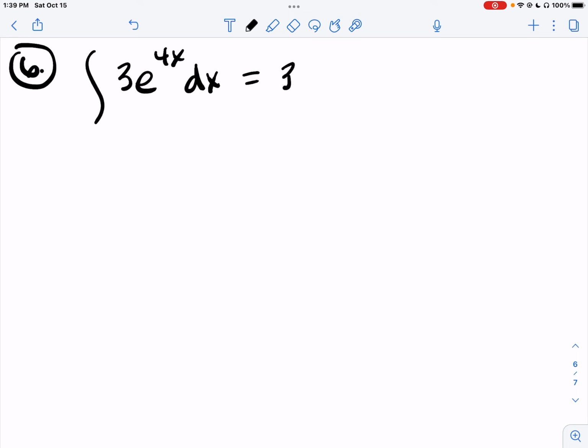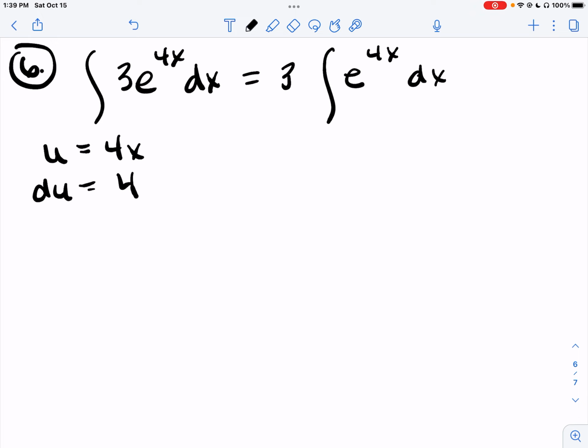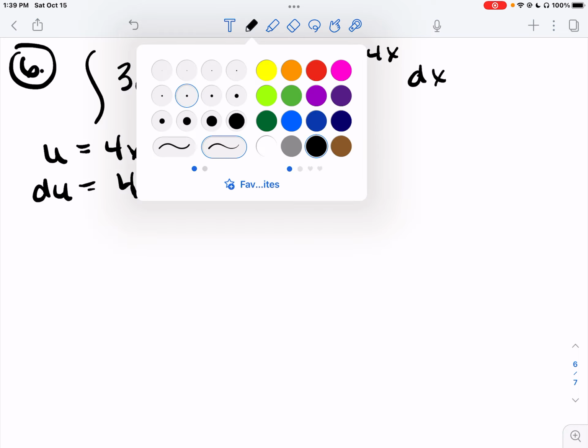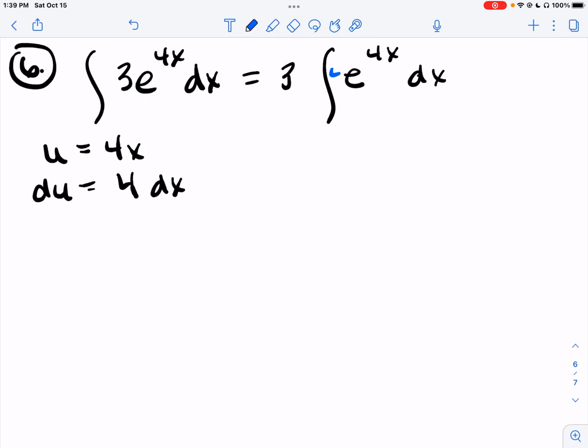Okay, that 3 is the wrong number. Anytime you have e to the u, let u equal the power. So 4 is the number that we need. I can multiply in a 4 if I divide a 4 on the outside.